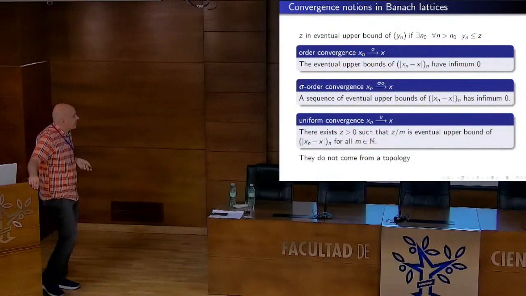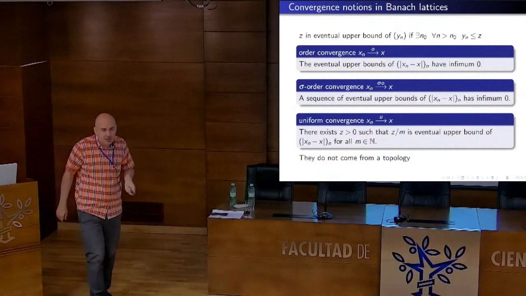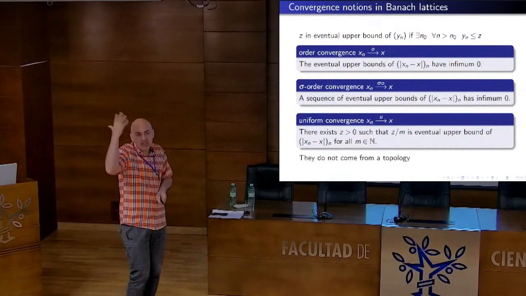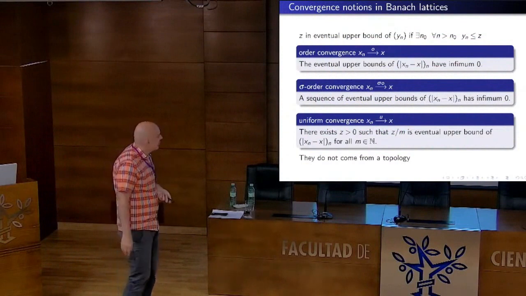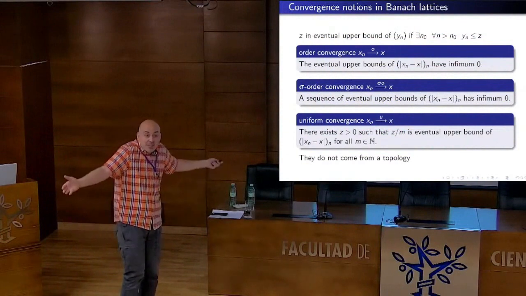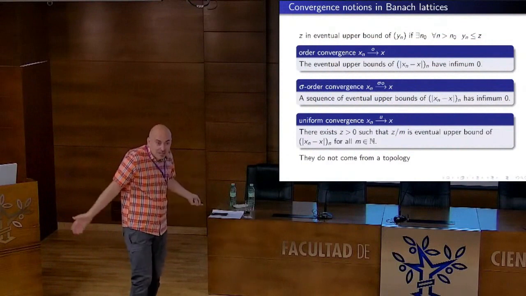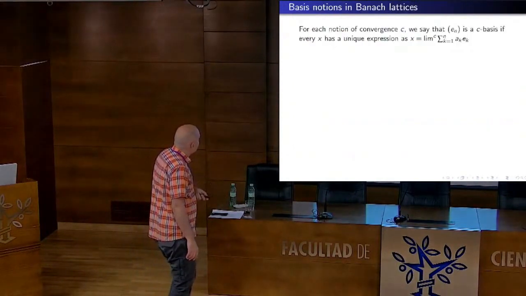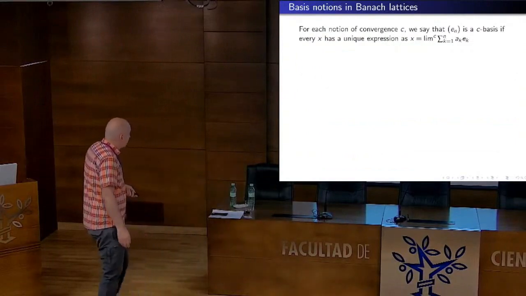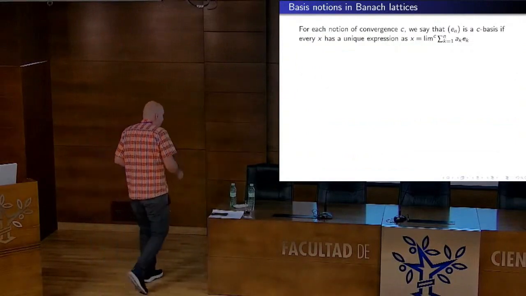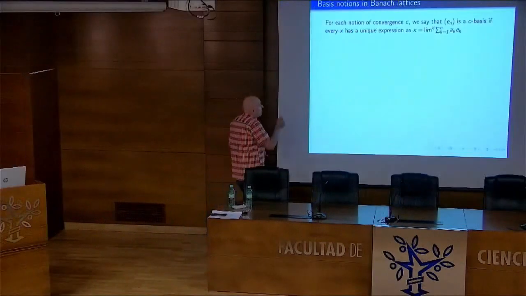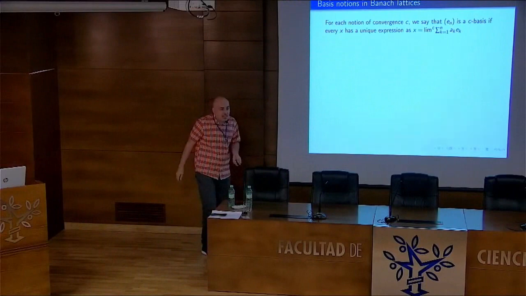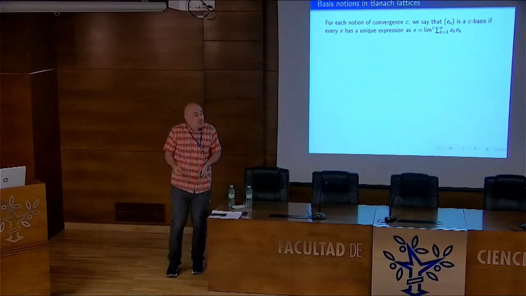Okay, and then these people, the Banach lattice people, some of them have been considering an idea similar to Schauder bases, in a sense independently, to say, okay, let's consider bases adapted to this convergence. So it's a similar idea. I will mention the people later, but the notion is that I say some vectors form what I call a C basis.